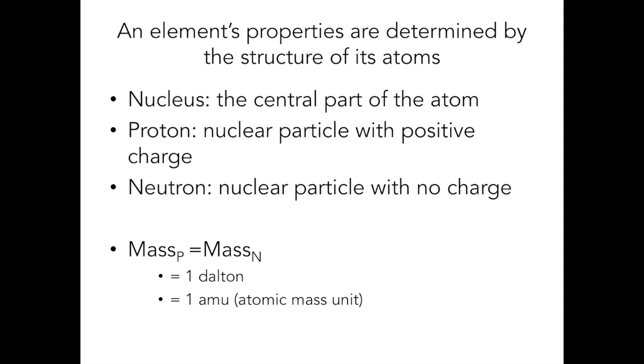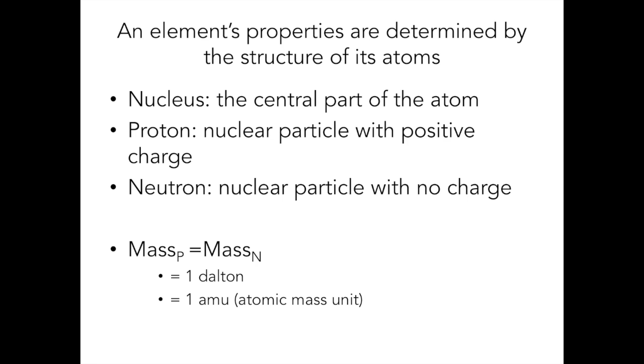What makes up the atom? So the nucleus is the central part of the atom, and in the nucleus we have 2 different kinds of subatomic particles. We've got protons, which are a nuclear particle that has a positive charge, and neutrons, which are nuclear particles that have no charge. And the mass of a proton is very, very close to the mass of a neutron.